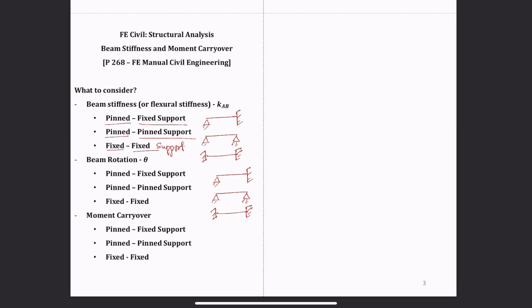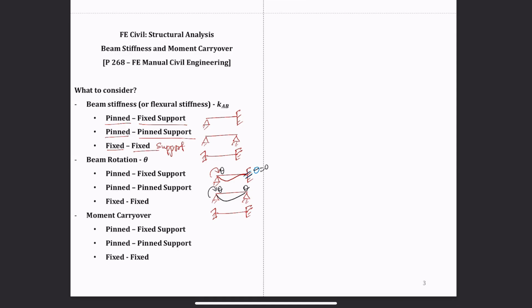So we know that if there's any moment applied, this beam will be rotating in this direction, in this behavior. And so you'll see that the rotation here is equal to 0. Your rotation theta is equal to 0, and theta here will have some value. If you're applying a moment, both of these will have some theta, and this also will have some theta.